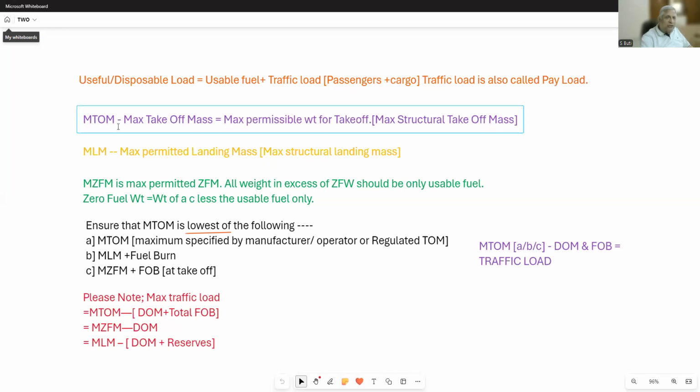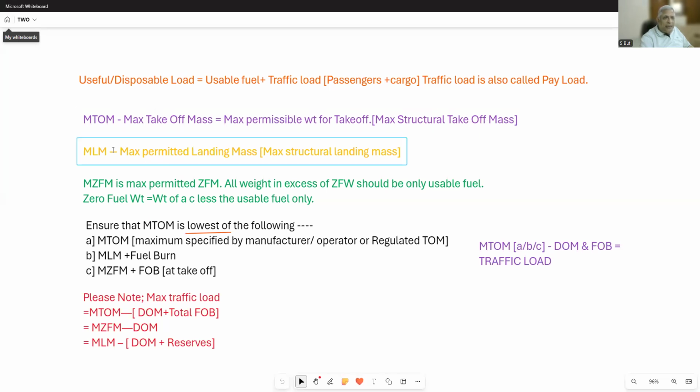Every aircraft has a maximum takeoff mass. This is the maximum permissible weight at the time of takeoff, also known as the maximum structural takeoff mass. You can't take off with more than this mass; the aircraft may not even get airborne.